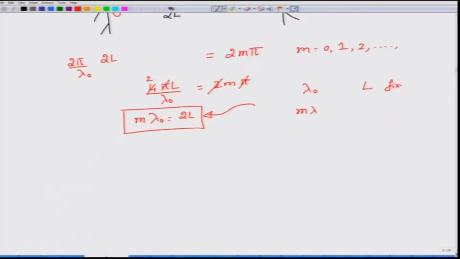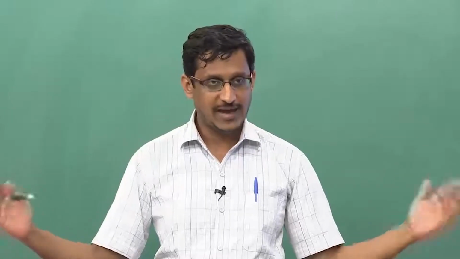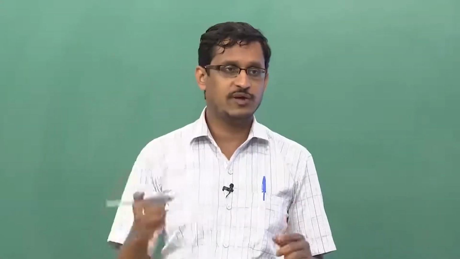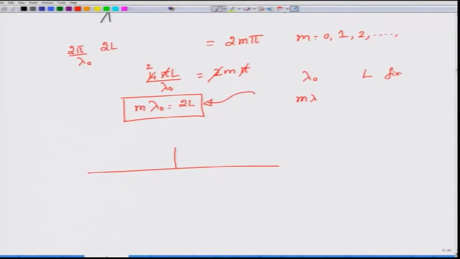So, given two mirrors which form a cavity kept at a distance of 2L, and radiation of wavelength lambda inside, the only possible modes are going to be integral multiples. You are going to get lambda 0, 2 lambda 0, 3 lambda 0 and so on.